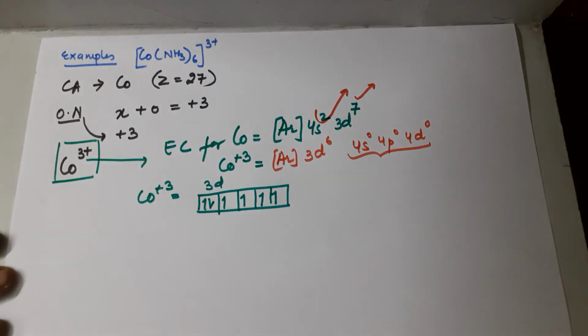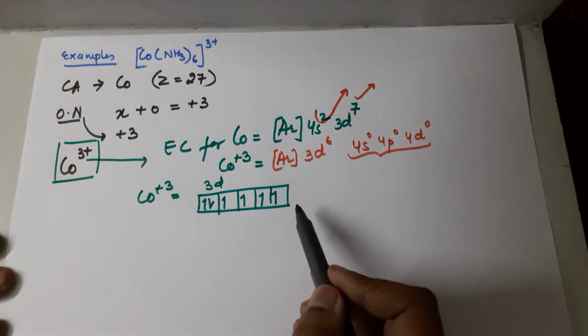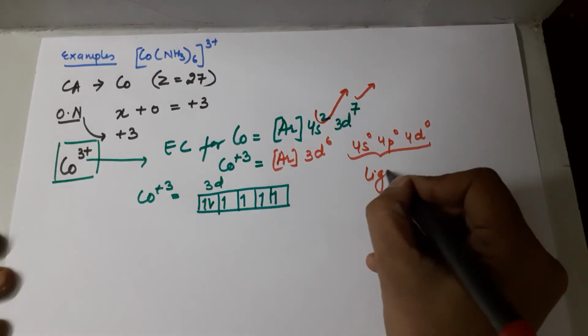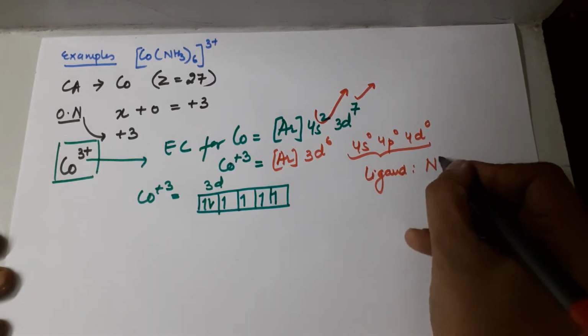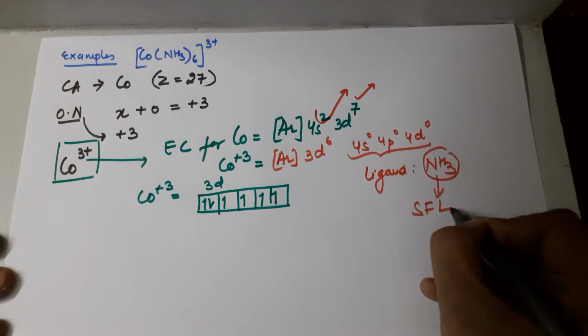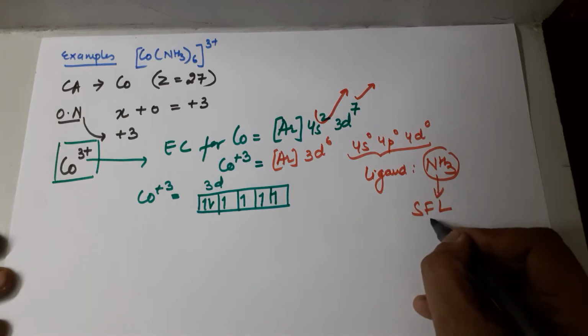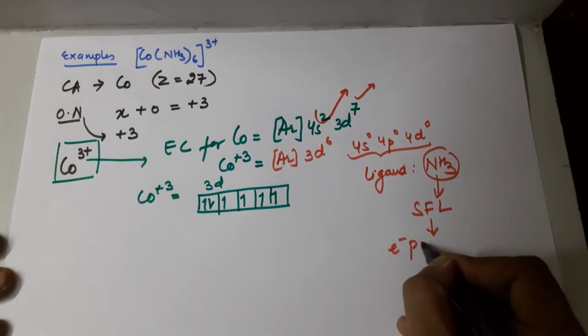Now the next point was, once you are done with the electronic configuration of the central atom, you have to identify the ligand. Now which is the ligand? Ligand is ammonia. And ammonia is a strong field ligand because weak ligands were halides and water. Since it is a strong field ligand, what is the conclusion? Electron pairing is going to take place.